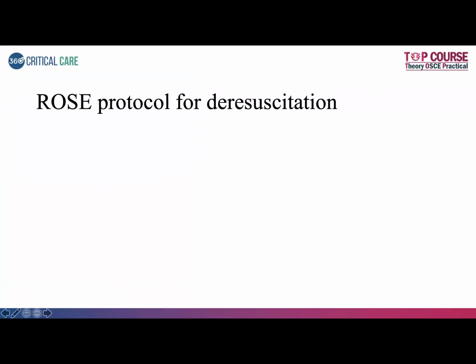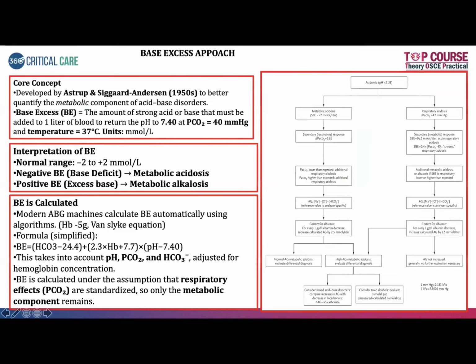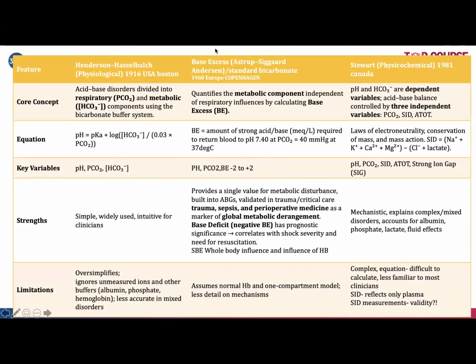So we come to the end of today's session. I hope things are clear to everybody. If it is complicated, just remember this table. If you are asked such a question, you can mention the core concepts, what every method is taking into account, then the equations, the core principles, and the major strengths and limitations.